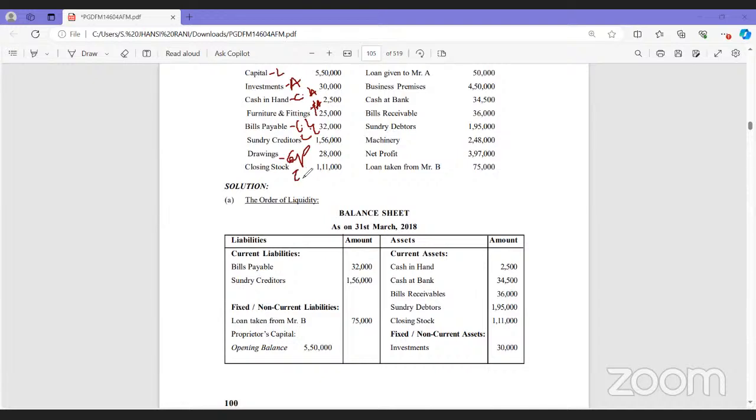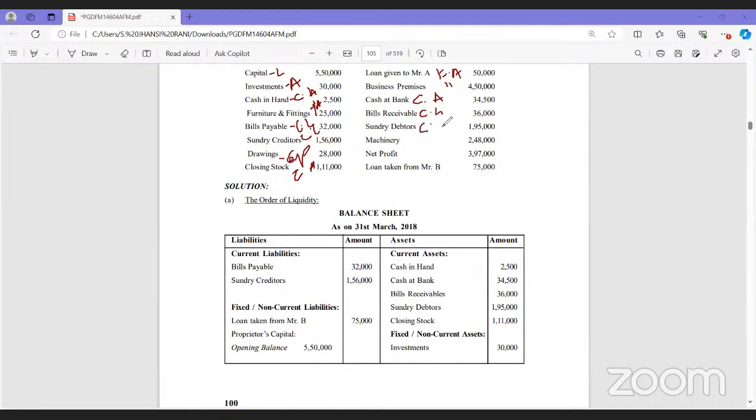Closing stock is a current asset. Loan given to Mr. A is a fixed asset. We have given it, so it will be for more than 5 years. Business premises is also a fixed asset. Cash at bank is a current asset. Bills receivable is also a current asset.